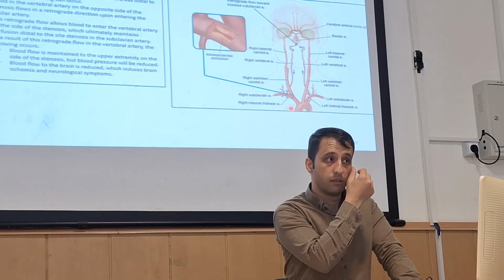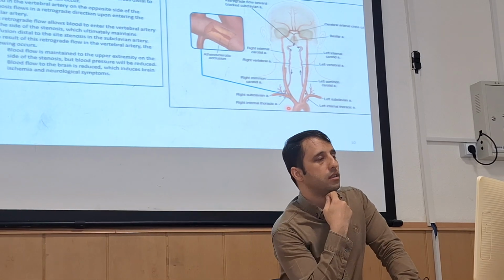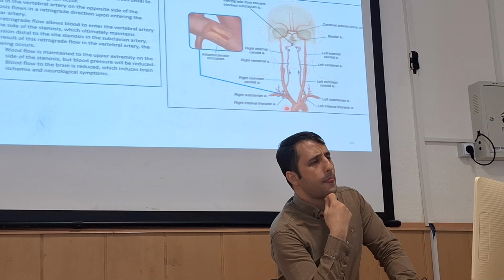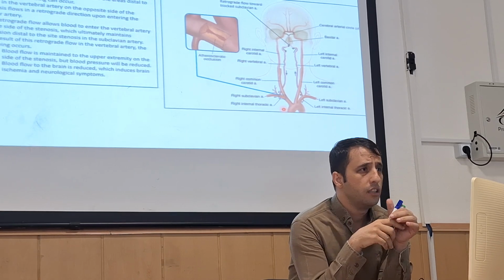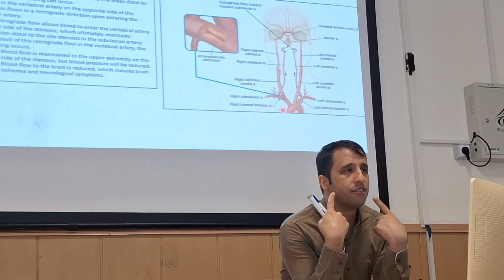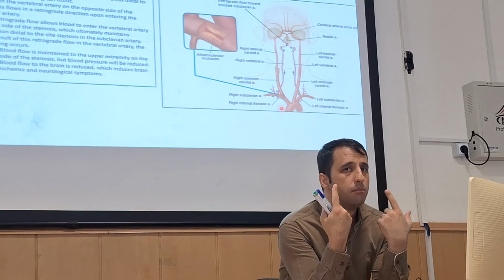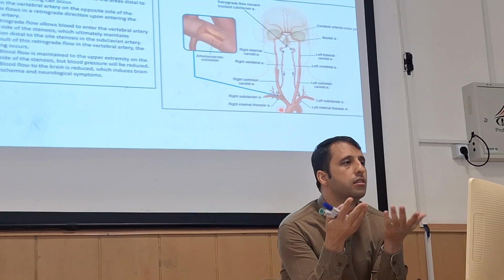Doctor, what about the other one? The other side? It will be held, but in respiratory failure, it will not be affected, is it? Respiratory failure? Yes, because the phrenic nerve innervates the diaphragm.